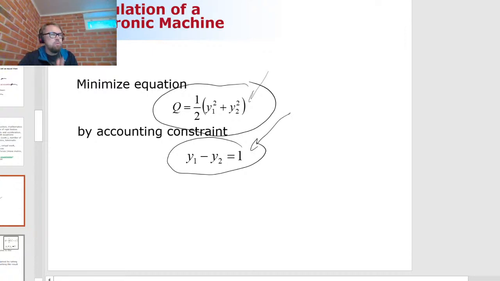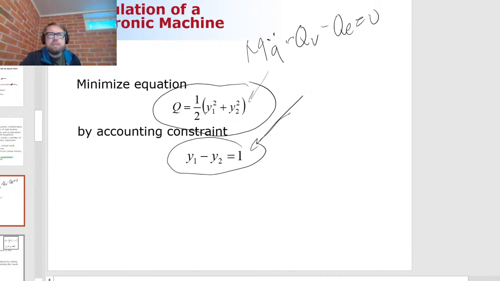This is exactly what we do in multi-body dynamics. Minimizing equation will be this, minus this. This was my equations. I want to solve this one. Well, not exactly this one, but I will explain it in a second. And my constraints are this one.